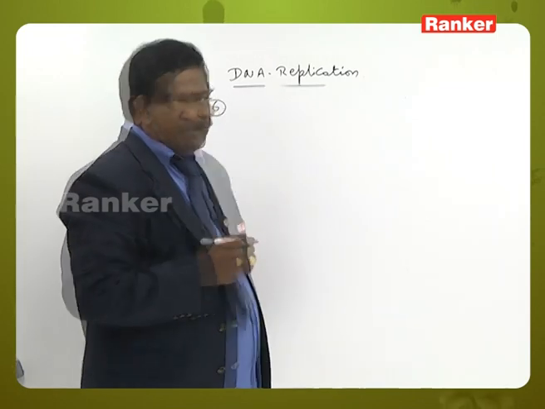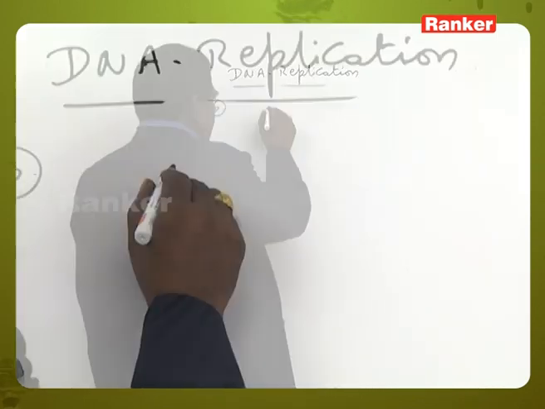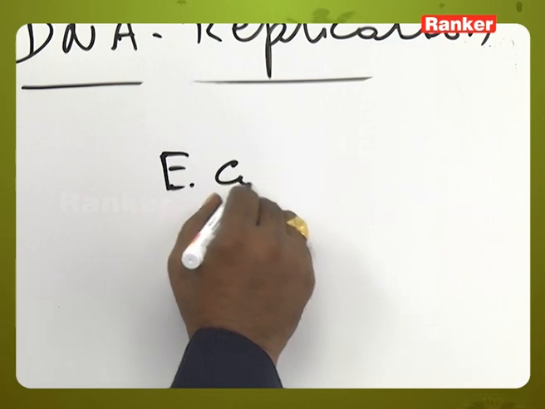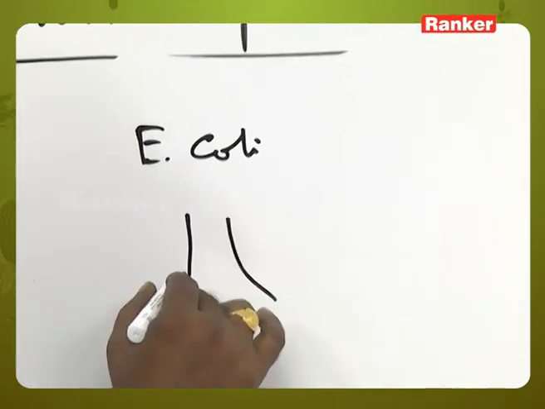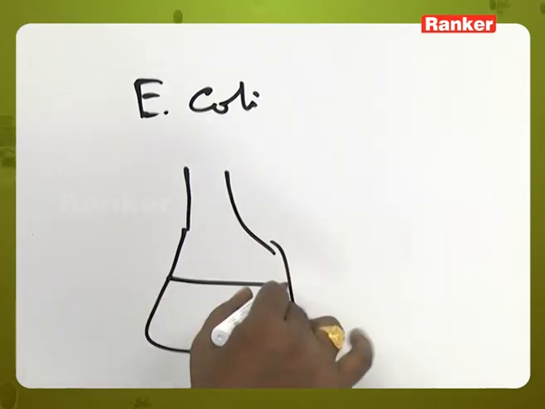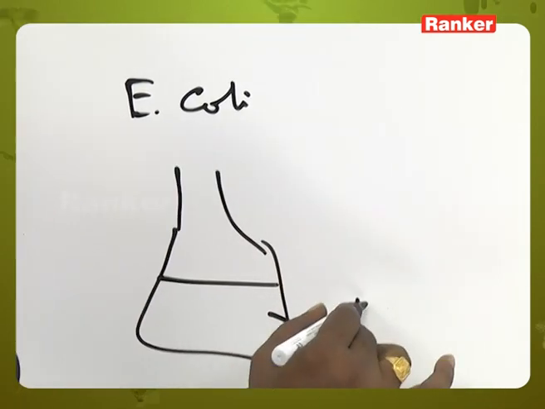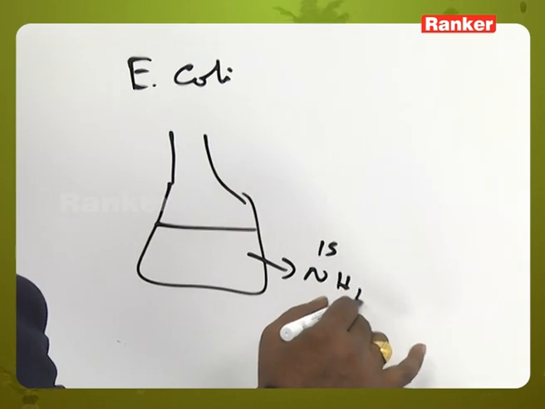Meselson and Stahl first cultured E. coli, Escherichia coli, in the medium with N15 containing ammonium chloride.